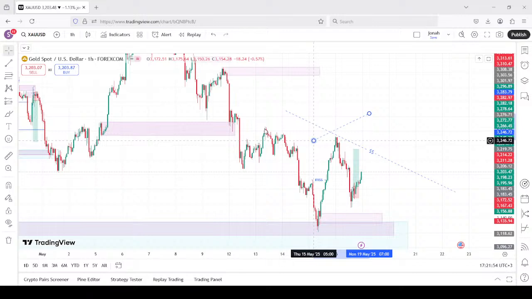I'll wait for a break above this previous lower high that we're having here.